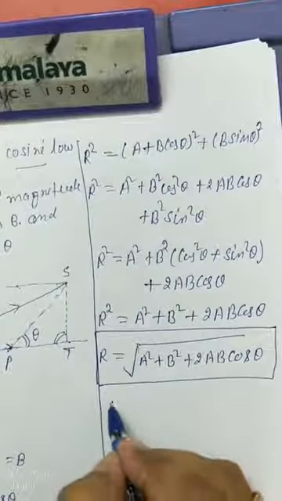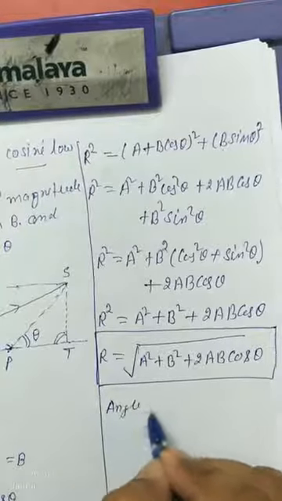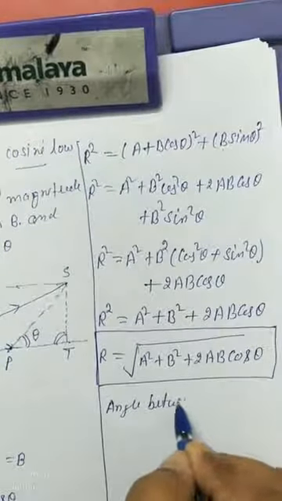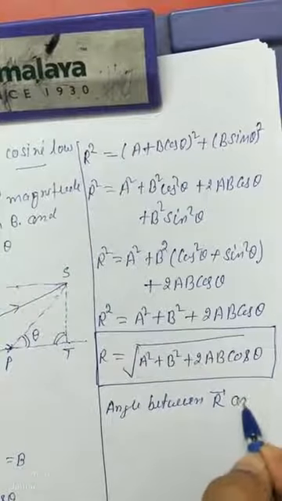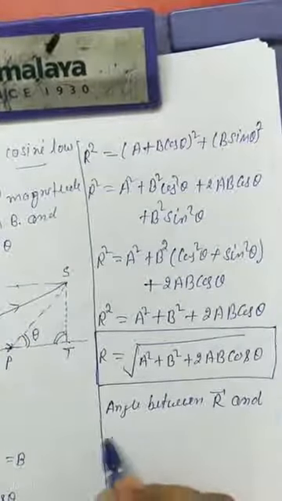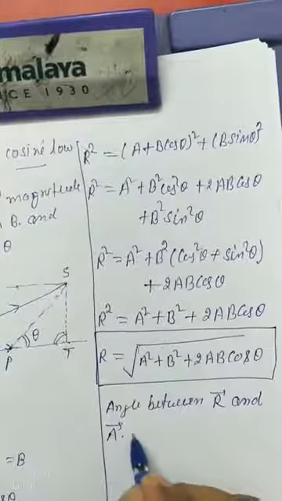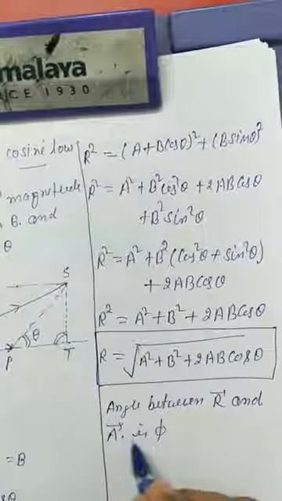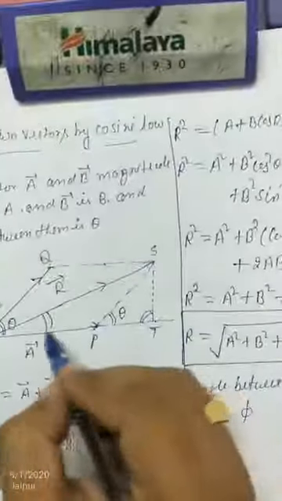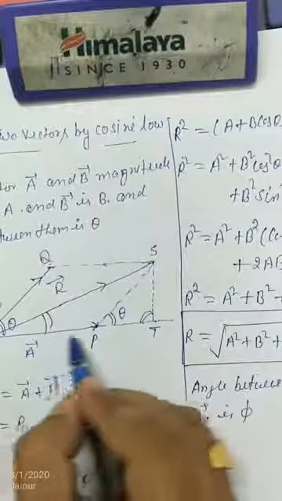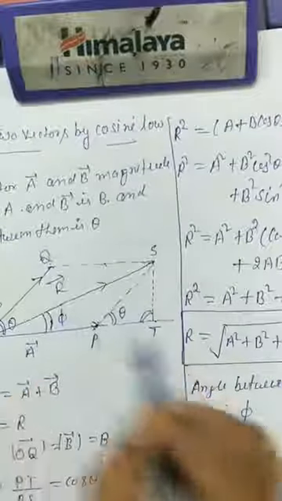Now the angle between the resultant vector R and vector A is phi.